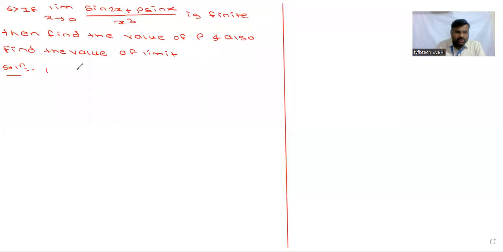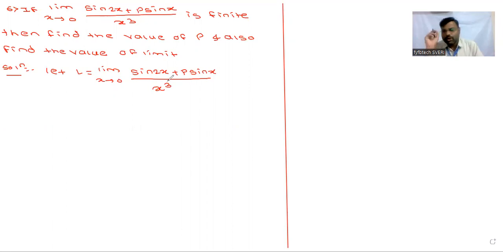Let L is equal to limit x tends to 0 sin 2x plus p times sin x divided by x cube. Now what is the first job? We check whether the given limit is having the form of 0 by 0 or infinity by infinity or any one of these forms, or we get direct value.